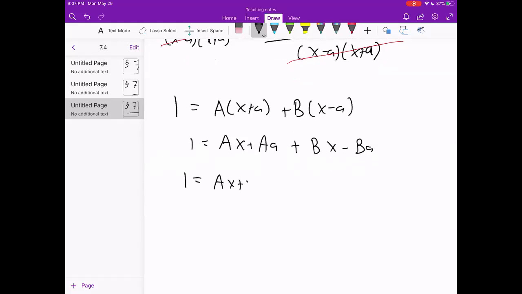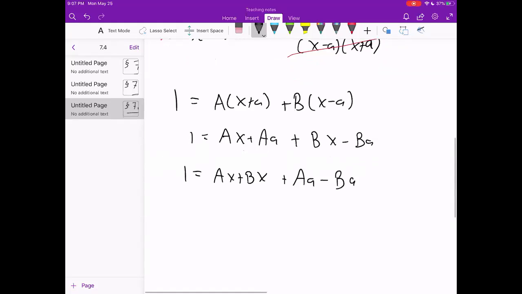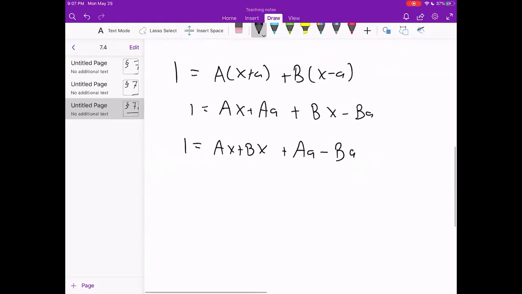Now I want to get all of the terms with x together. So I have Ax plus Bx plus capital A times little a minus big B times little a. And now I want to factor out the x's. So I get 1 is equal to x times A plus B, plus capital A little a minus capital B little a.